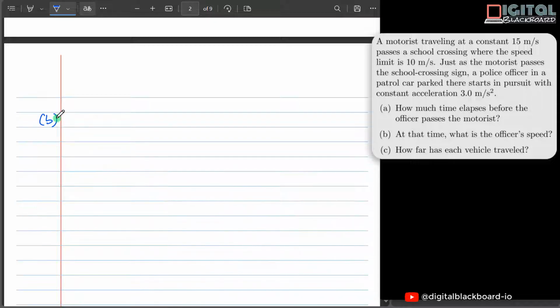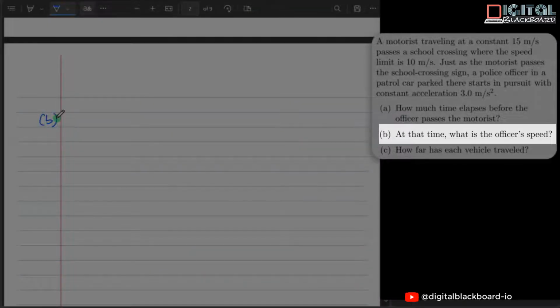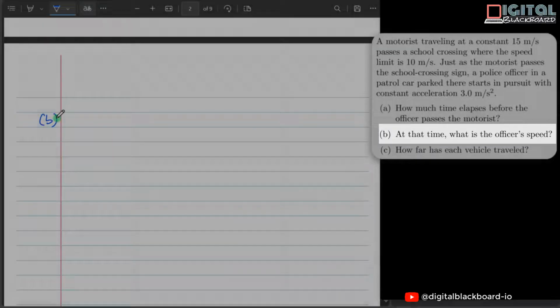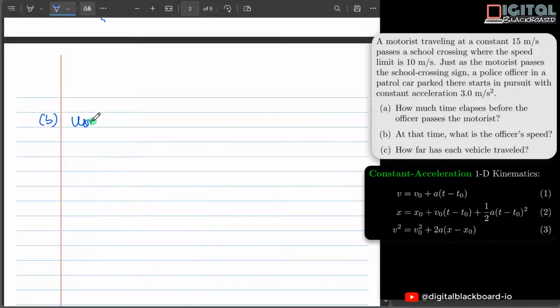For part B, at that time, what is the officer's speed? Using the kinematics formula, v equals v naught plus a times t minus t naught.